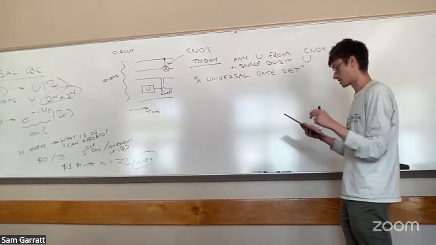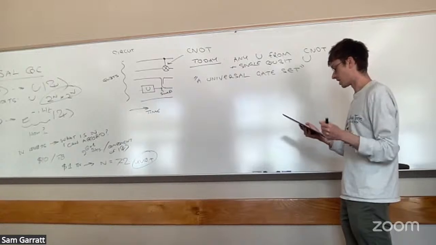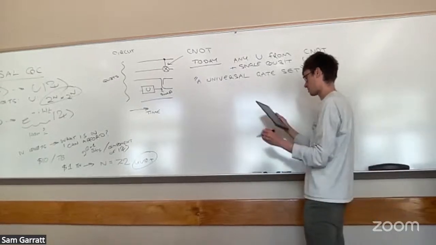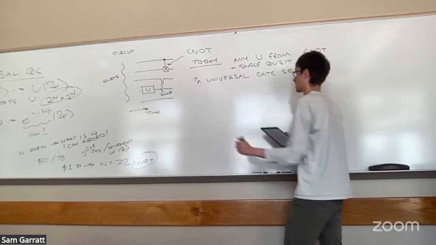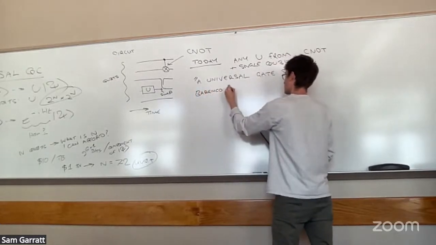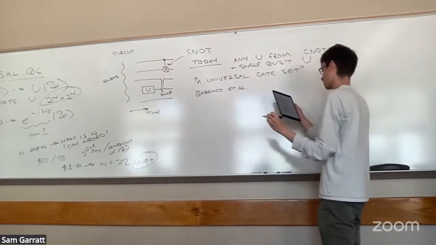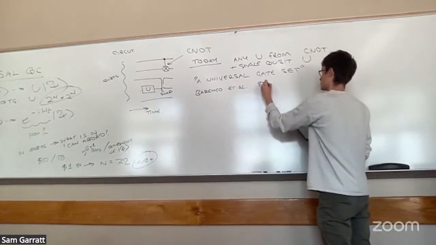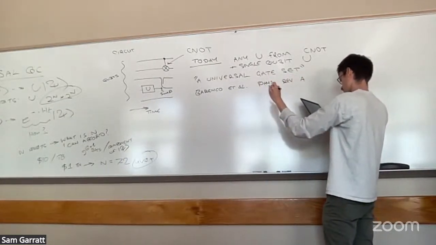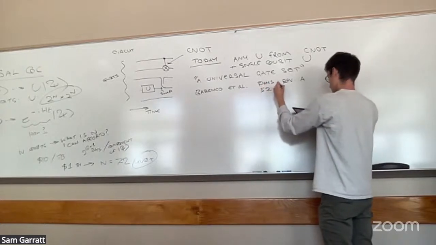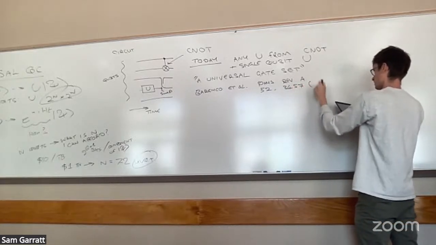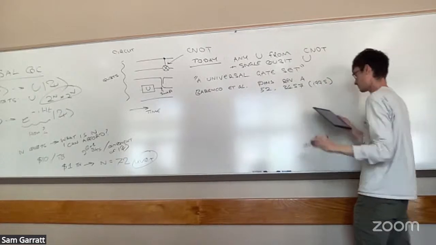So what we're going to do is go on a whirlwind tour that's hopefully less technical than, but hopefully more readable than, a paper from Barenco and co. If you want a more technical version of what we discuss today, it's going to be Barenco et al., Physical Review A, and the reference is 523457 from 1995.